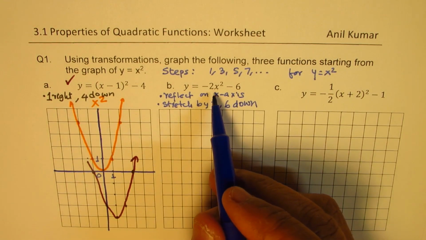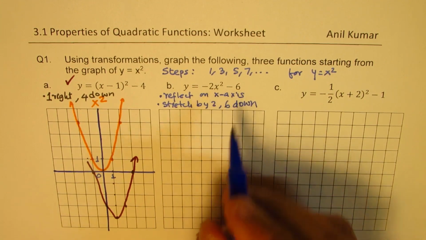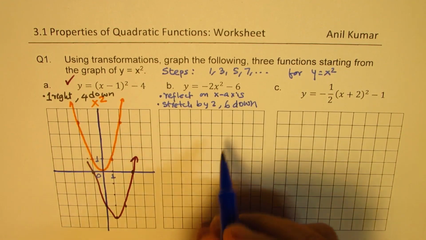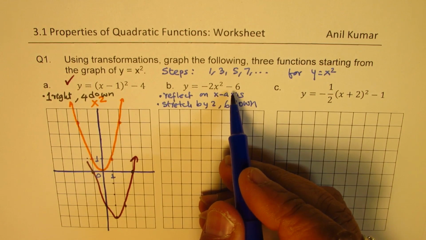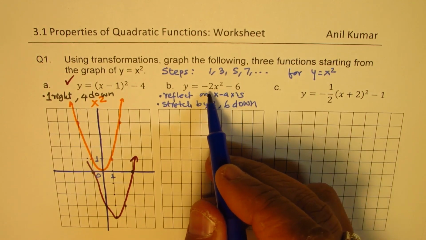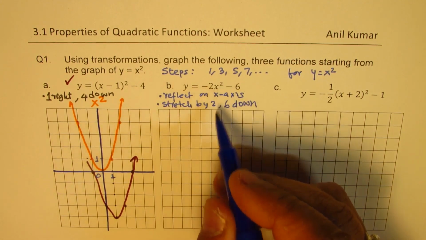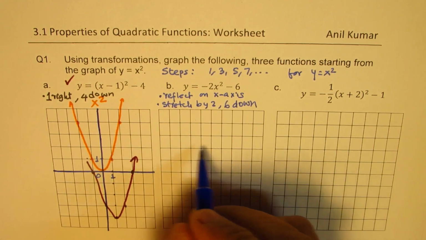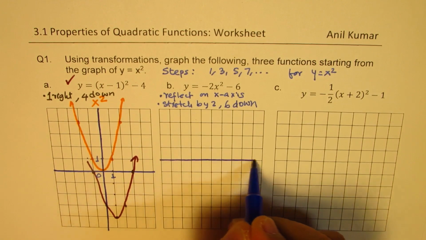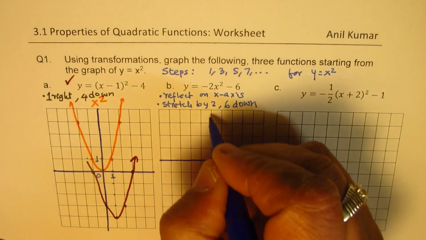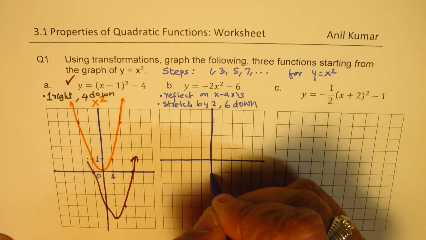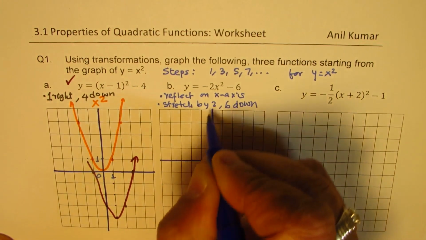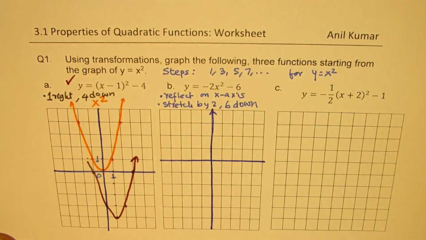Since we are actually reflecting it down and then going upwards, and 6 down, okay, what I was thinking is we have to put a scale slightly above, right? So let me just this time make something like this. Okay. We could actually also change the scale, right?